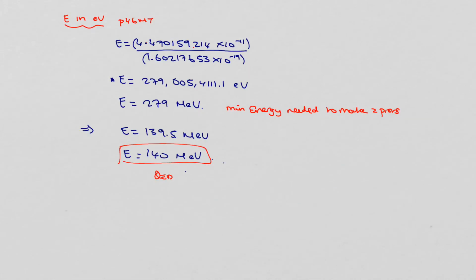Getting the minimum energy needed to make the 2 pions was another 3 marks. And then, of course, dividing it by 2 to get the energy per proton was 2 marks. Okay?